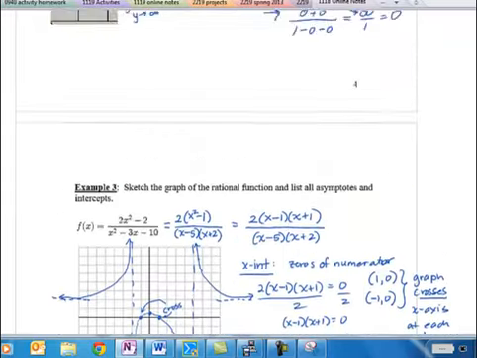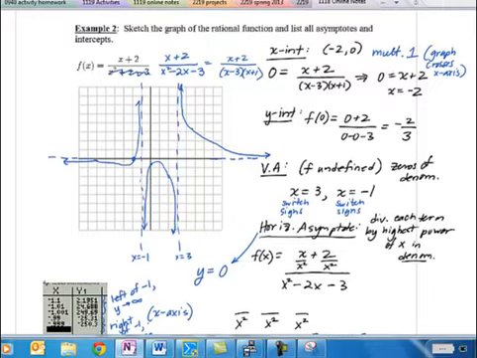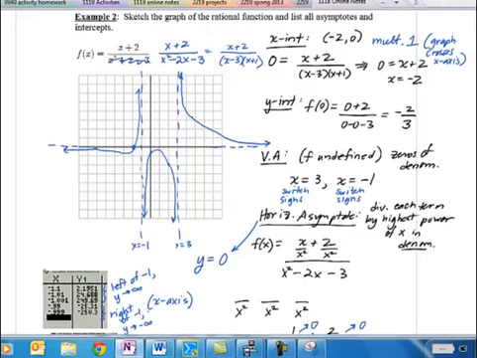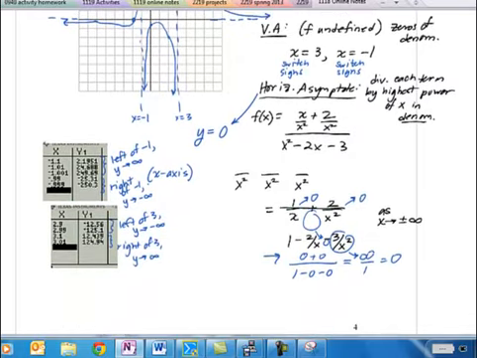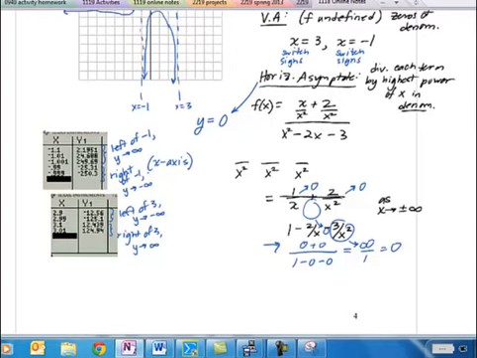Where was it? Example 2, I guess. We had a degree 1 numerator, a degree 2 denominator. And in that case, what happened was we had a 0 when we divided by x squared, a 0 in the numerator, and a 1 in the denominator. So we got y equals 0 for the horizontal asymptote.